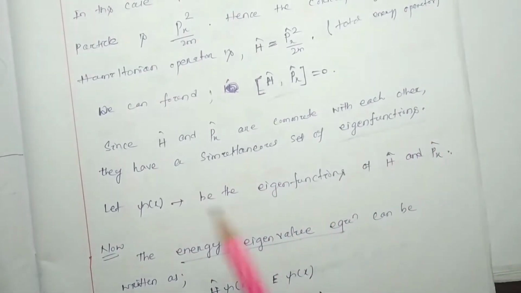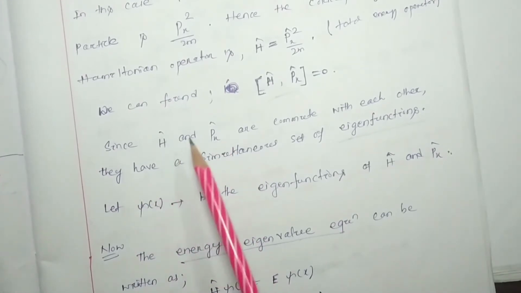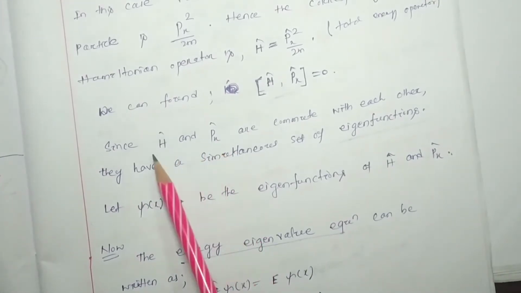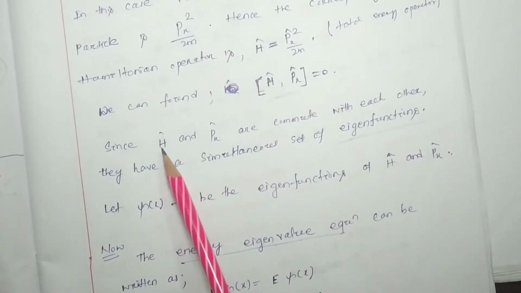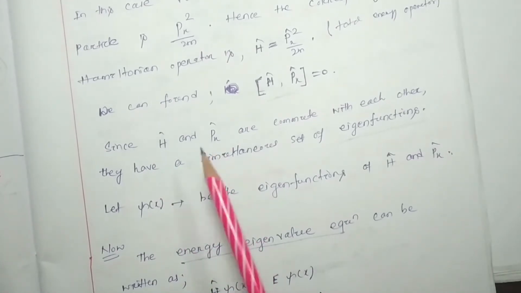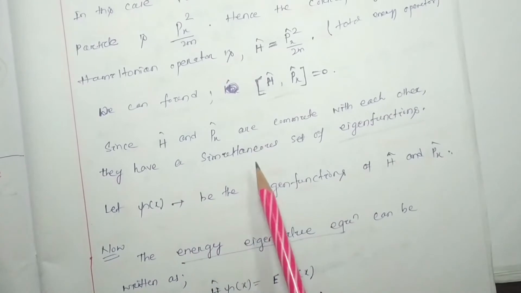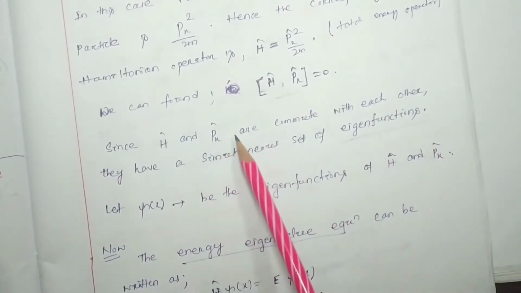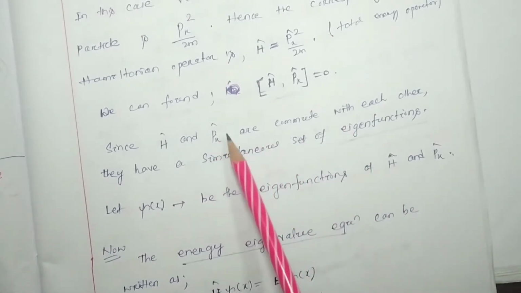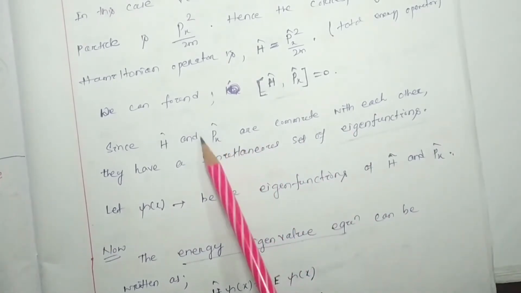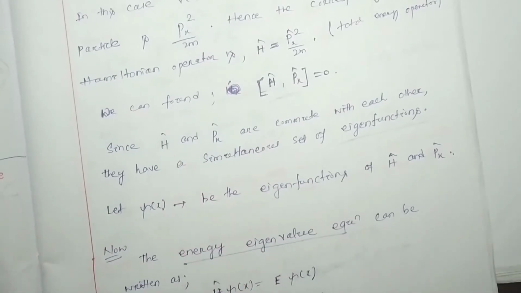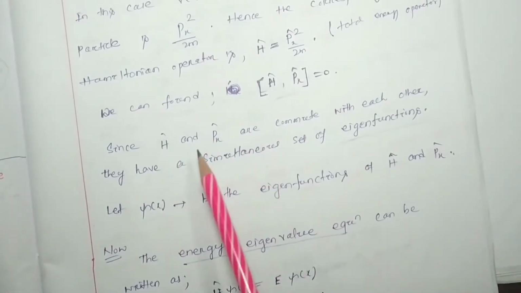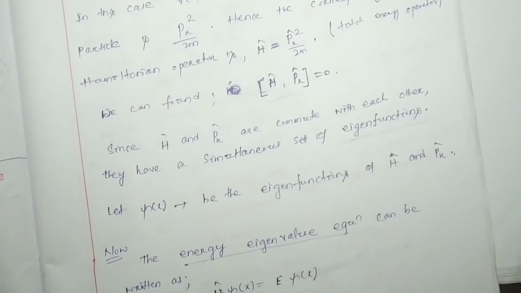If we have two operators and they are commuting, or compatible with each other, then they have a simultaneous set of eigenfunctions, meaning we can find a wave function or eigenfunction that is common for both. This is also a theorem, often asked in your exam, so I have written it over here.